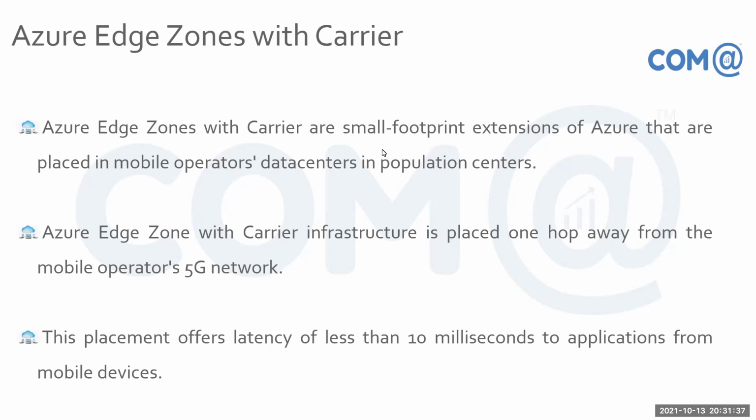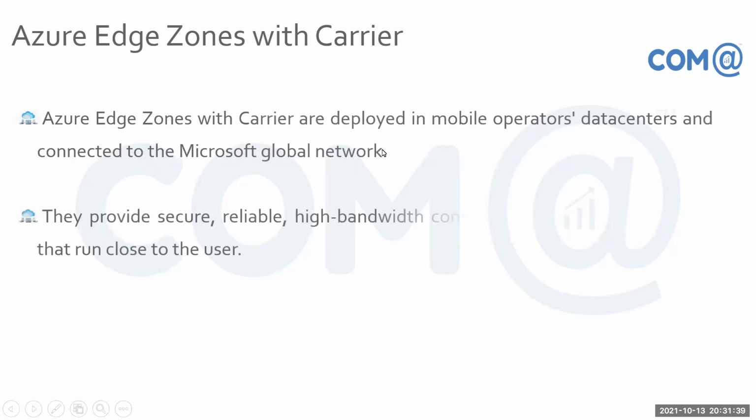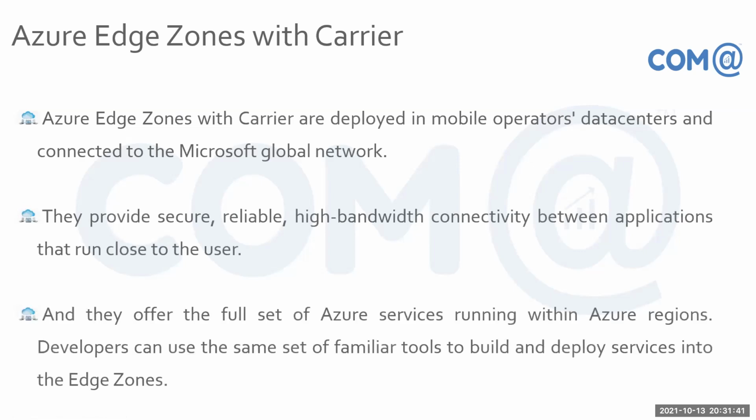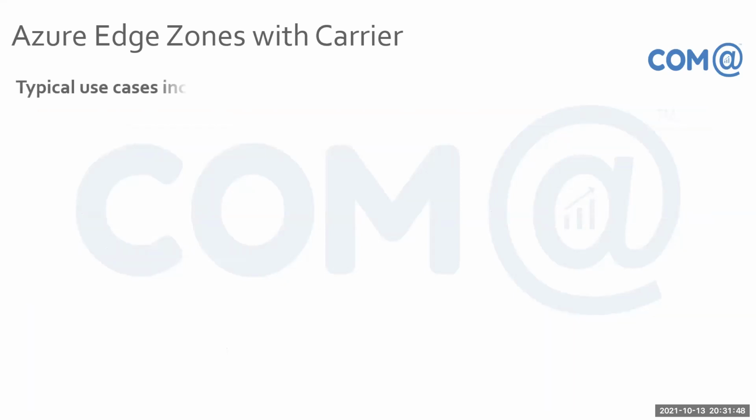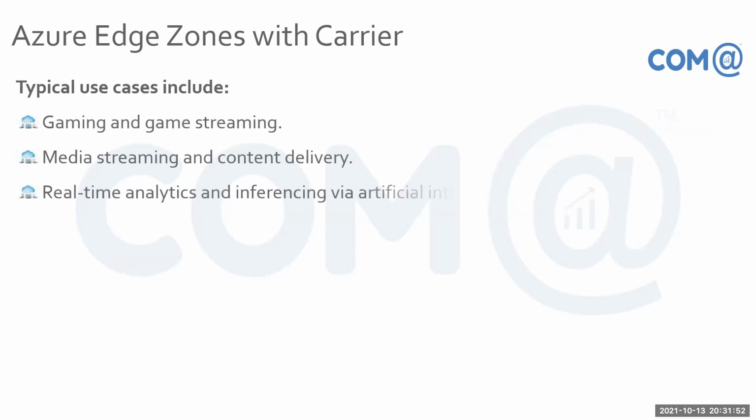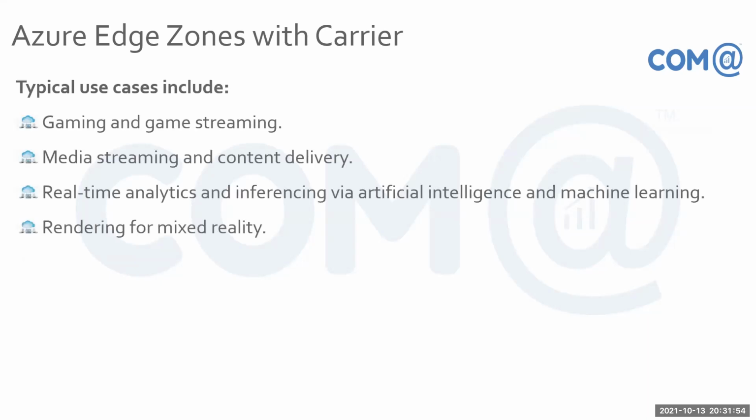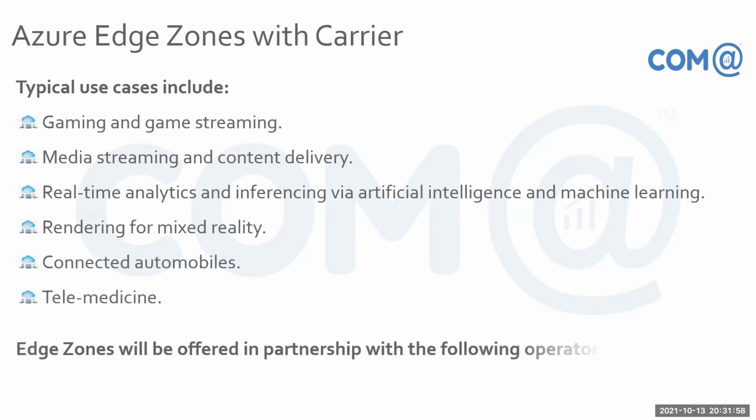Currently this edge zone with carrier is available in collaboration with AT&T, and this particular service is available only in a few regions of the globe. Basically now it is available only in the US region, but slowly they may expand this to other countries also.